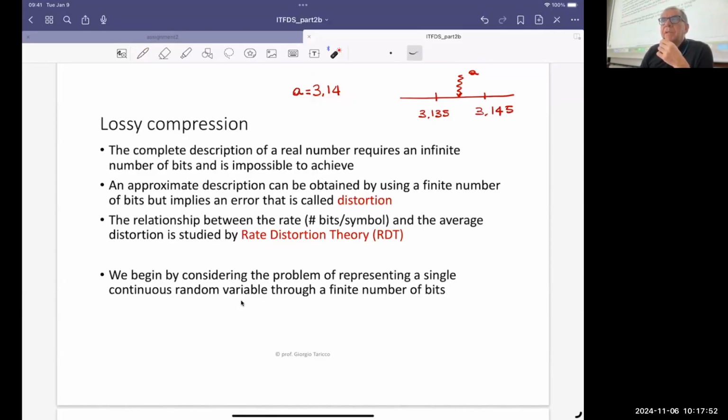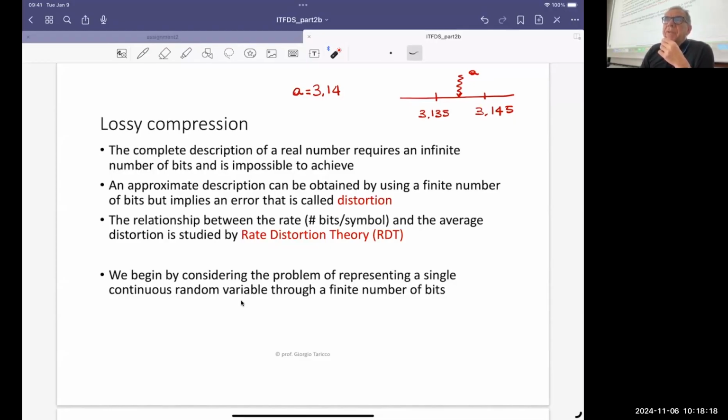And by increasing the number of digits, we improve the approximation, and we decrease the size of the uncertainty interval where the real number is located in. So precision is related to the number of digits that we use for the representation of a real number.